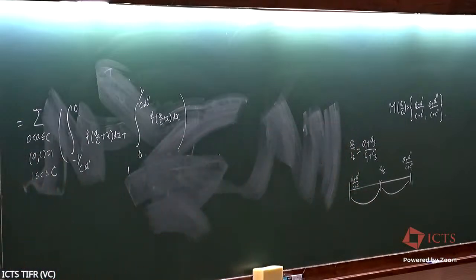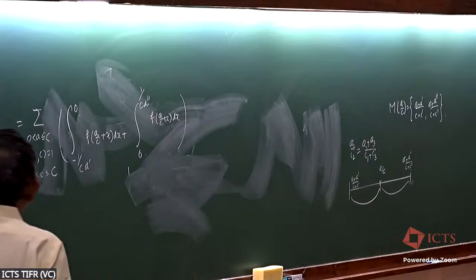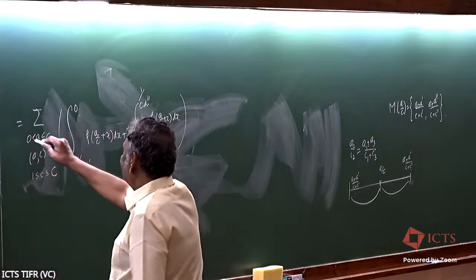Now you see in the first integral, there are 3 variables floating around, a, c, and d dash. But on the other hand, we said already that d dash is in terms of a and c. But now instead of that, I am going to say that a can be written in terms of d dash and c. Therefore, a I am going to forget, and d dash and c I am going to keep. Therefore, that condition is gone.